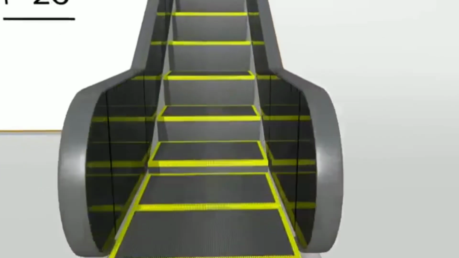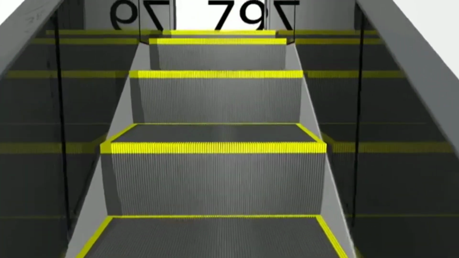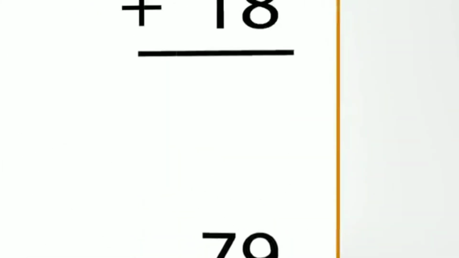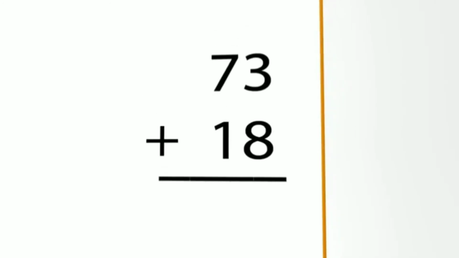Now, I would like to start with adding the numbers 73 and 18. That is 73 plus 18. Always we have to start adding the ones place. Here in the ones place we have 3 and 8. So 3 plus 8 gives you 11.